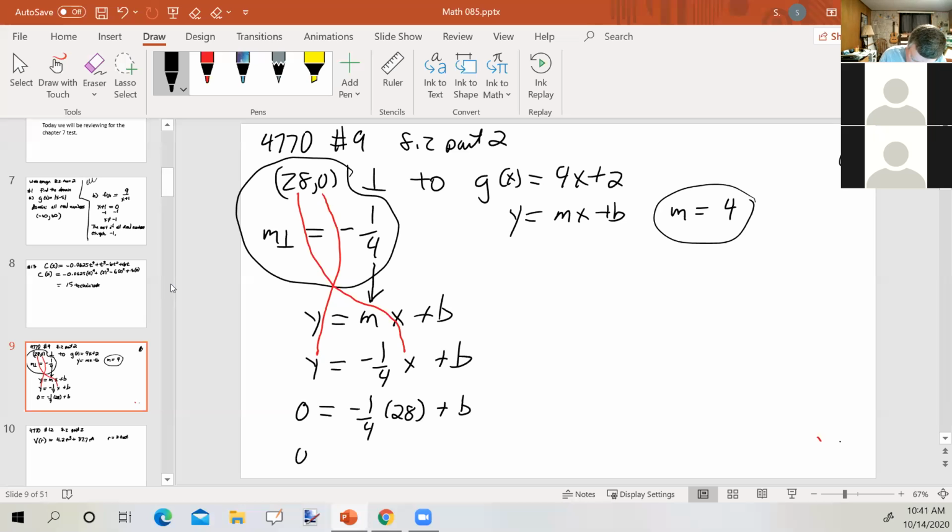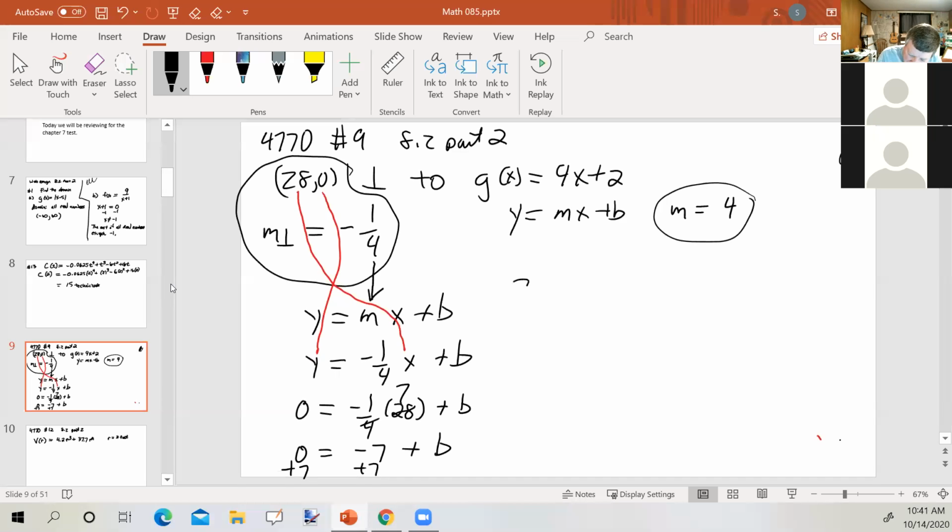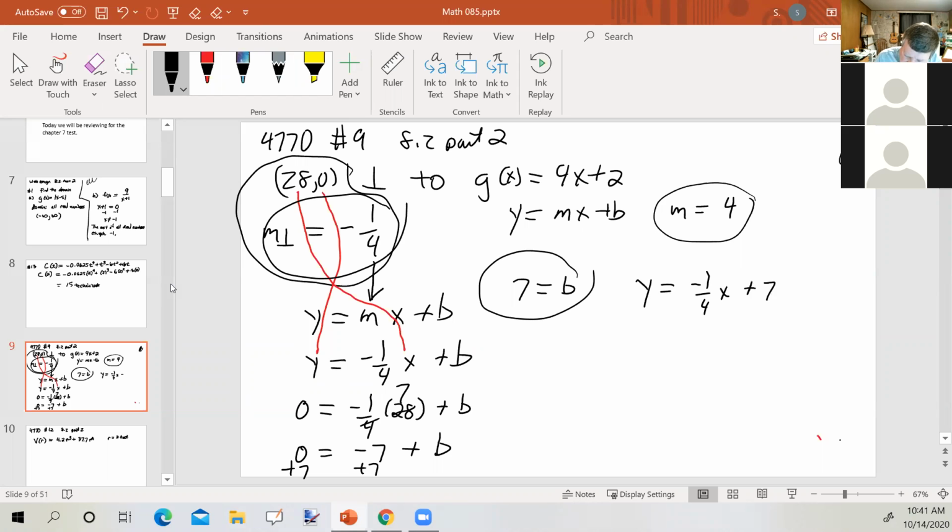All right. -1/4 times 28 reduces down to -7. So 0 equals -7 plus b. If I add 7 to both sides, I get 7 equals b. So now I have my new slope and my y-intercept for the new function. So I've got y equals -1/4 x plus 7.